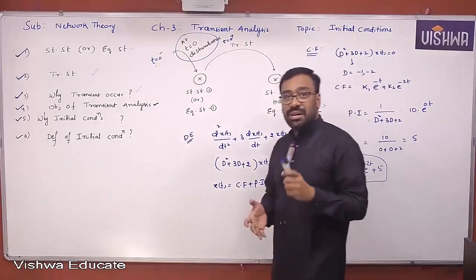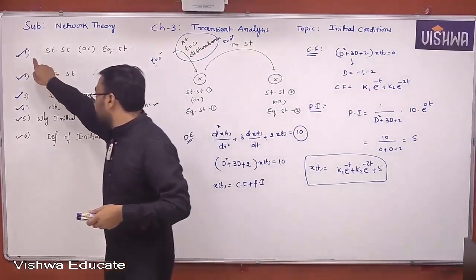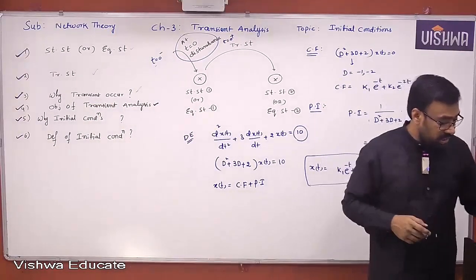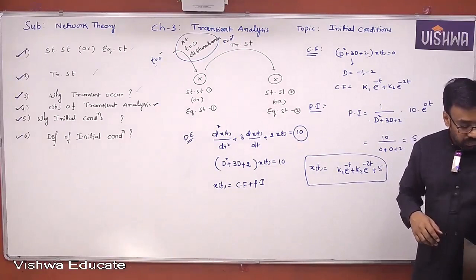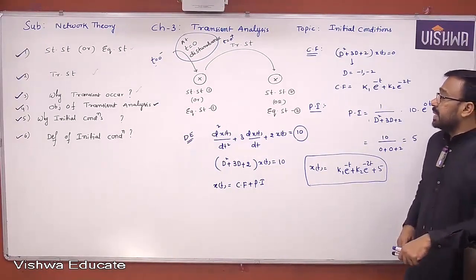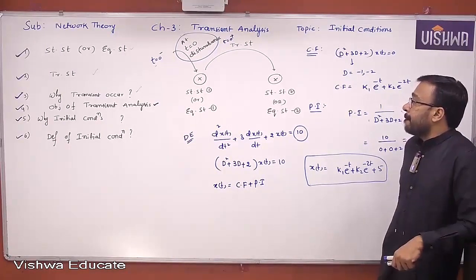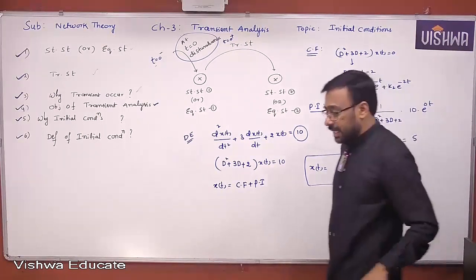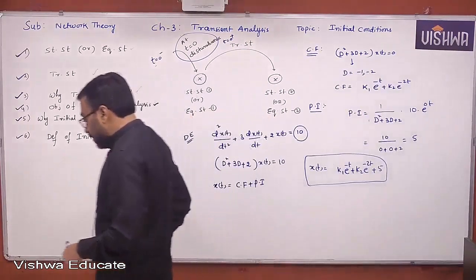Now let us write point by point. First point: steady state. Please write down the points; I'll dictate them.